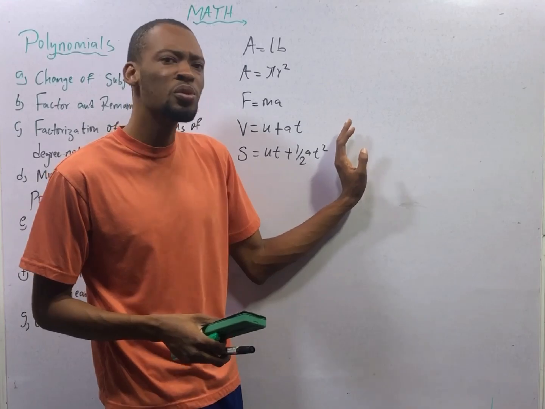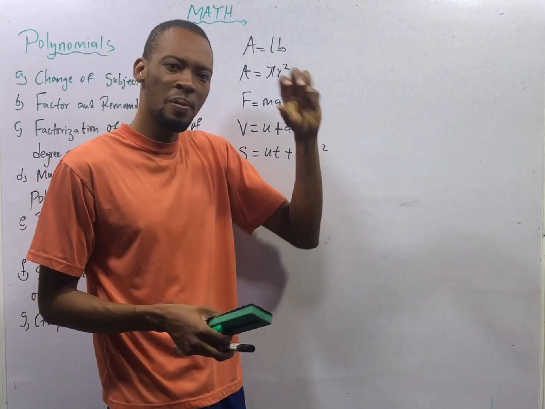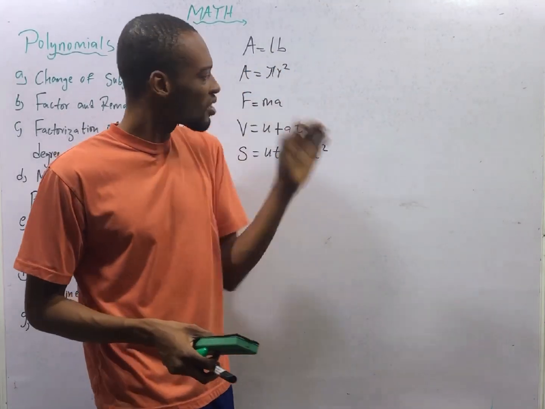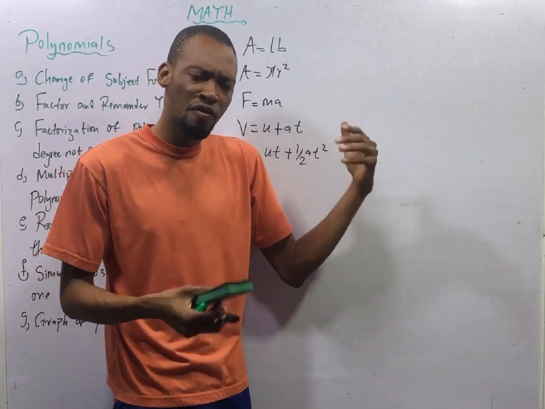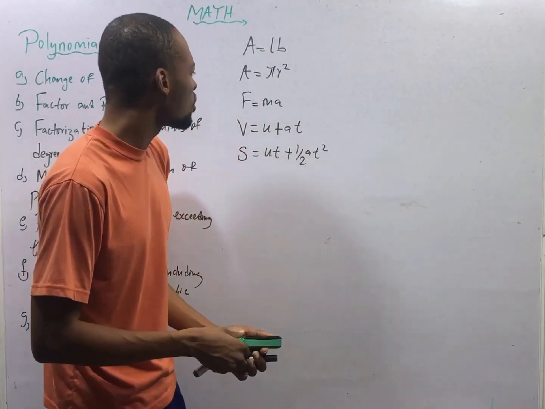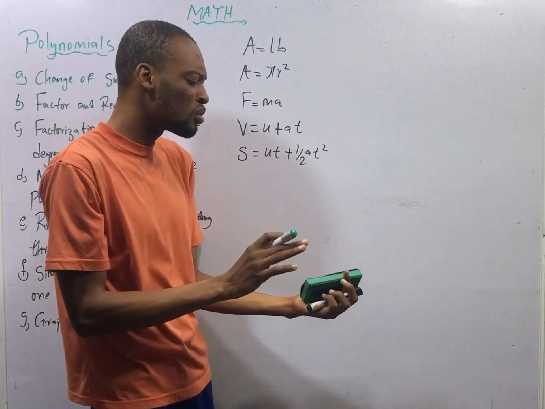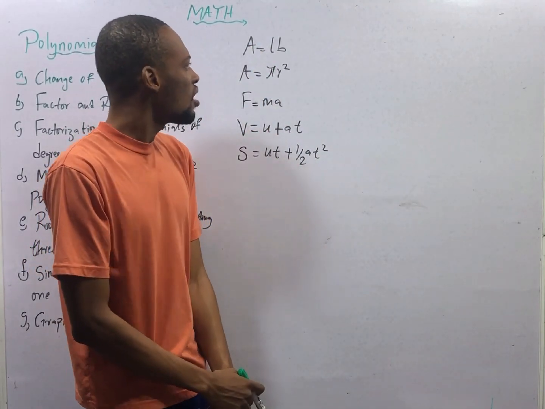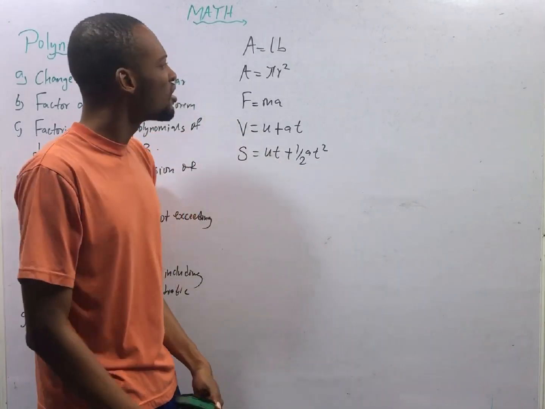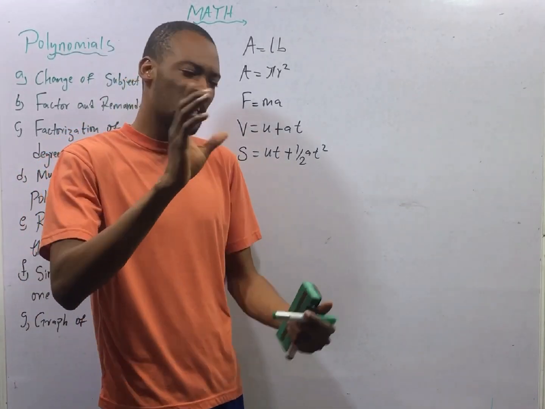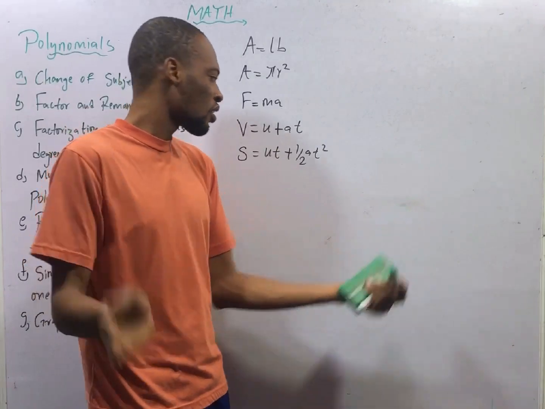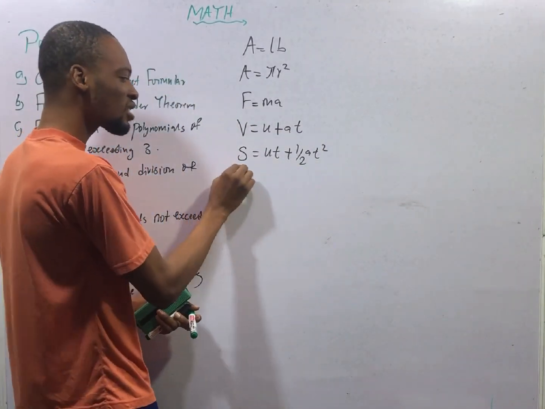Formulas are rules that make use of mathematical symbols. For every formula generally, you have the presence of variables and the presence of an equal to sign. Now, in every formula, you will see a single variable that every other thing equates to. Look at it. In this case, you see just s here.